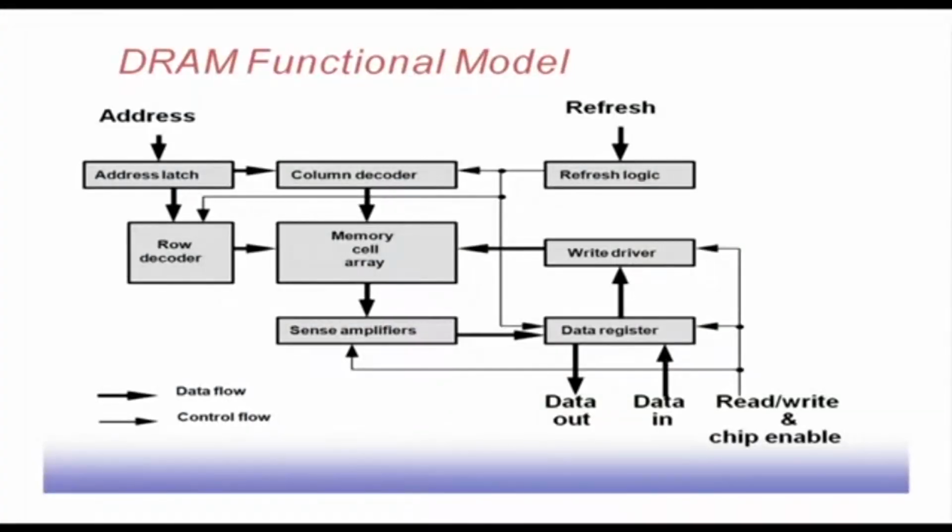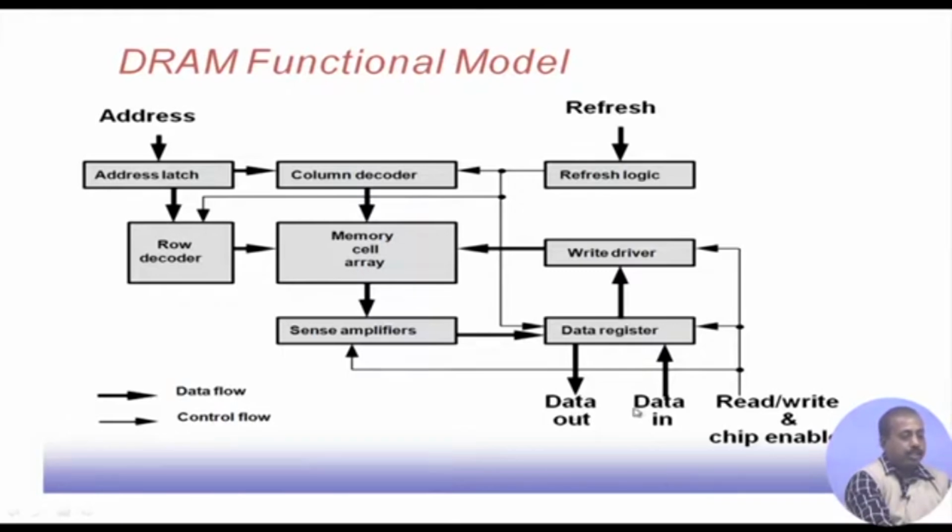There is a sense amplifier that will amplify the difference between the bit and bit bar lines, and this difference gets amplified and stored into the data register. For the read operation, this difference is coming to the data register, and that is coming out as data out from the memory.